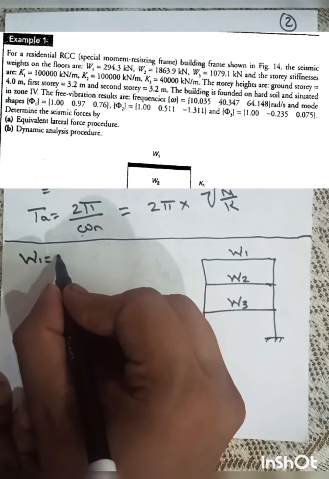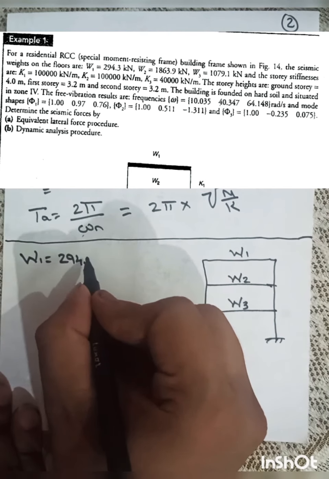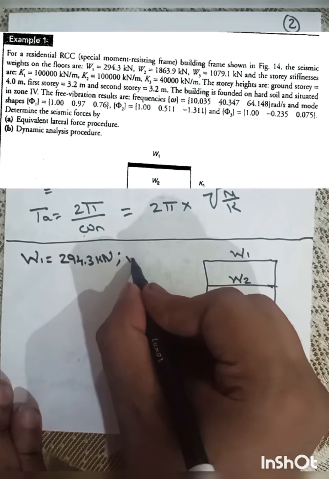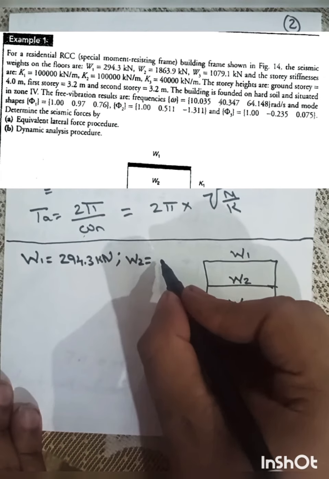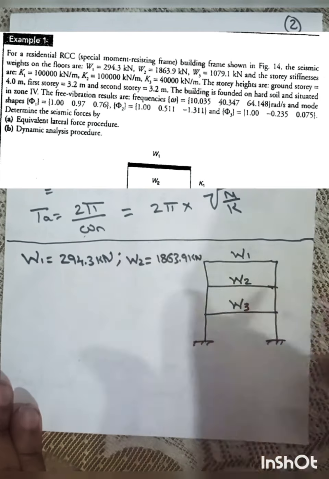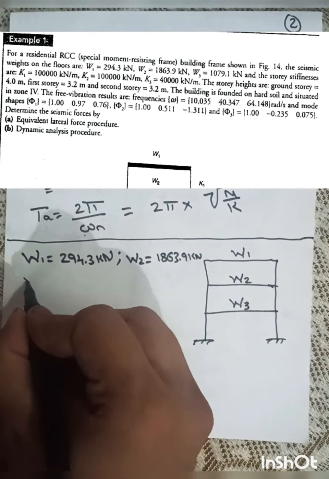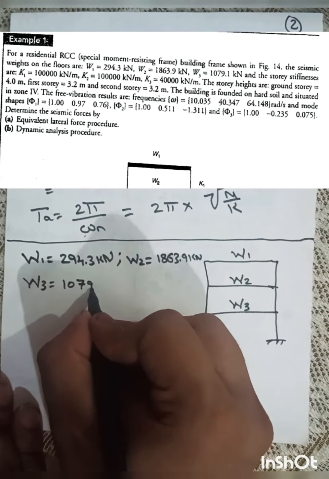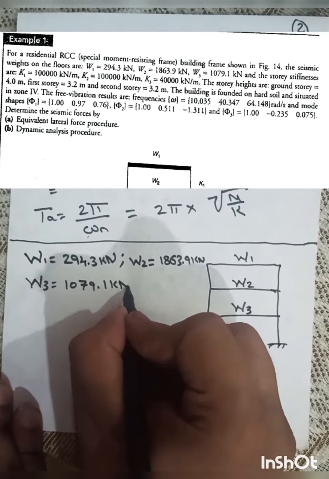W1 is 294.3 kilonewton, W2 is 1863.9 kilonewton, W3 is 1079.1 kilonewton.